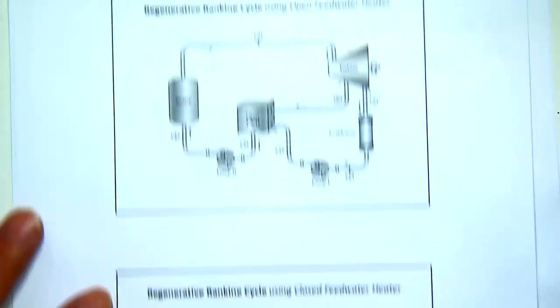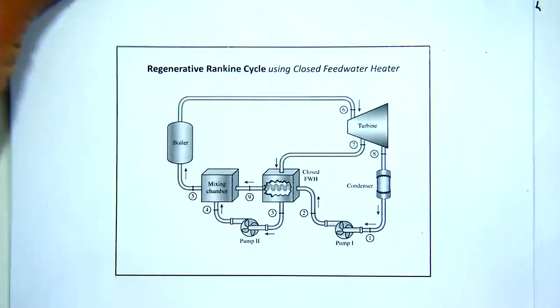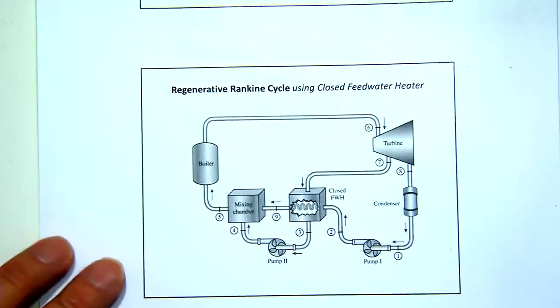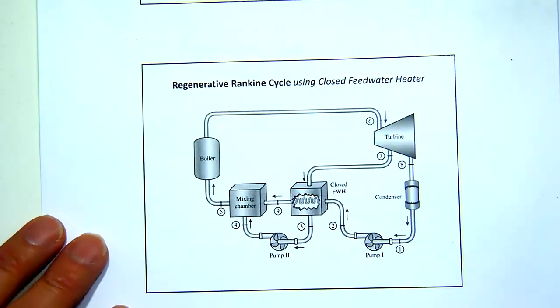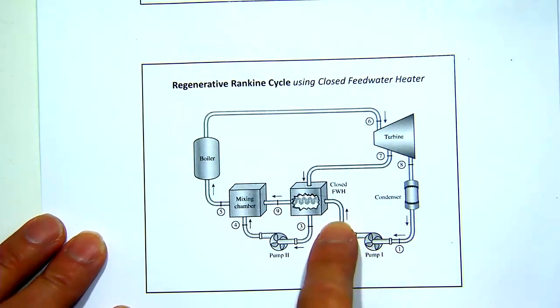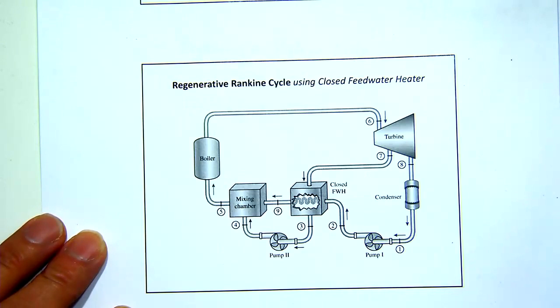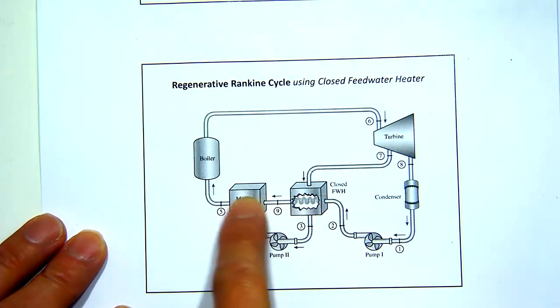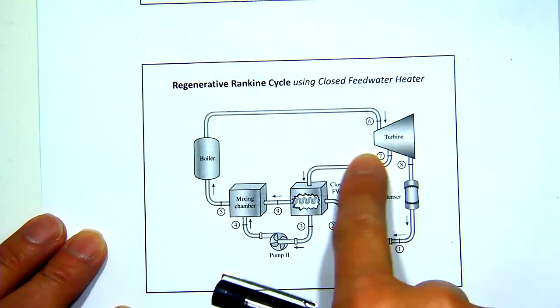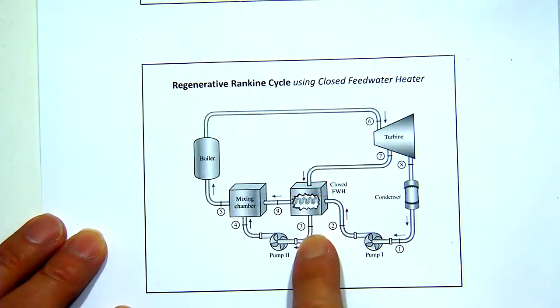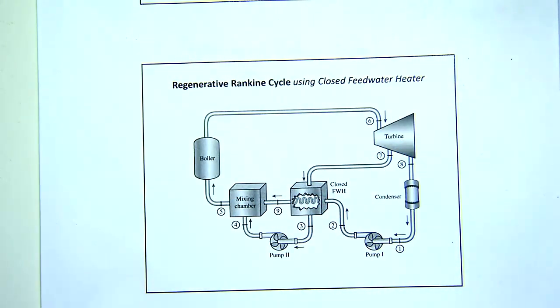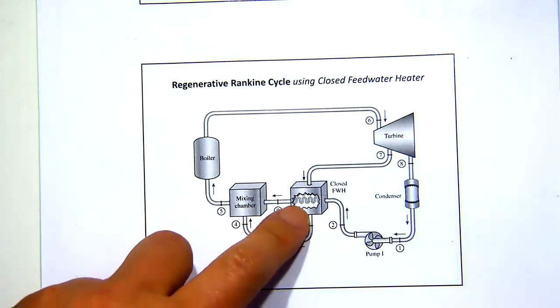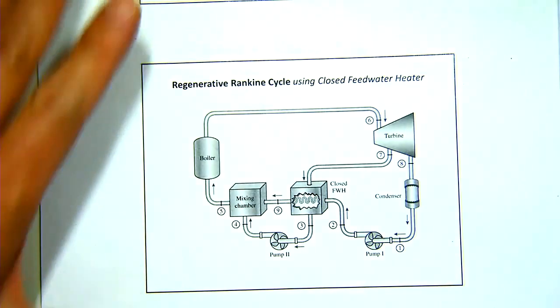So in this case, you always need another pump because you're dealing with the intermediate pressure when you're mixing these two streams. The other one is called the closed feed water heater, which is shown here. The only difference is that in this case you do not mix them. You're using a heat exchanger so that the water flows in its own path and the steam flows in its own path, so they don't have the pressure equilibrate with each other. There is a certain advantage between these two.